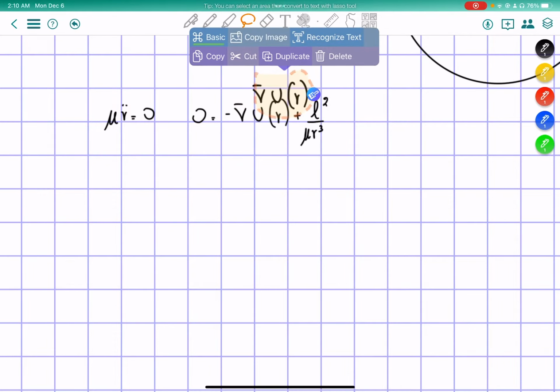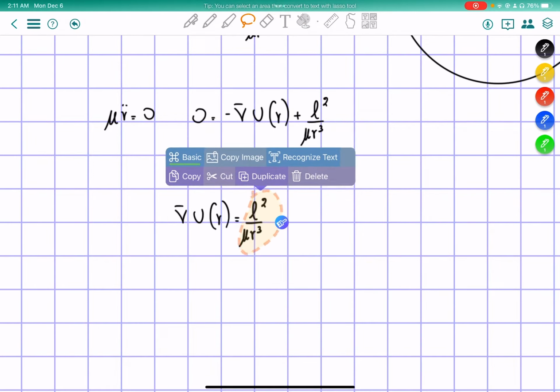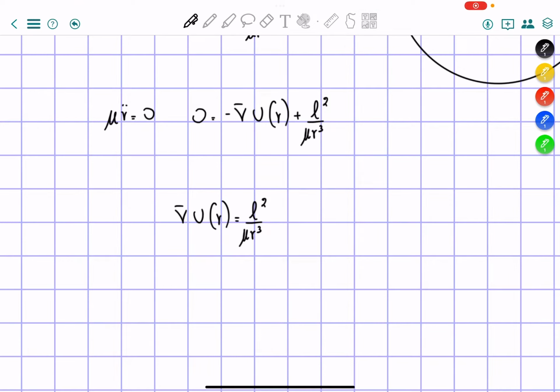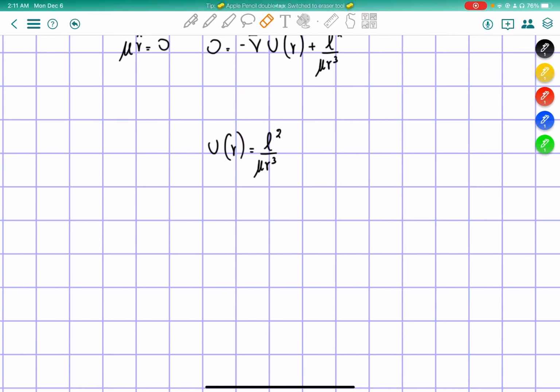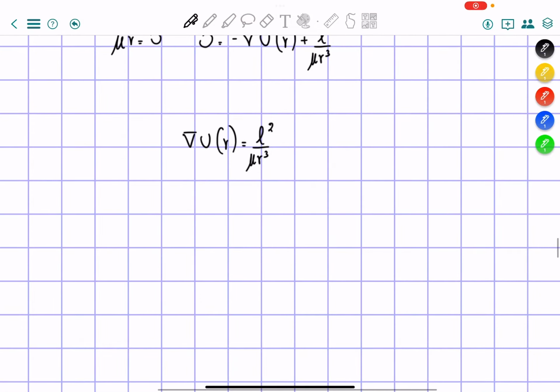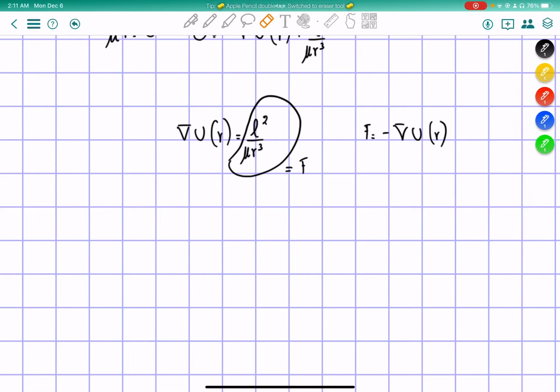So this has to be equal to this, as you can see very clearly. But one thing you can think of is this part over here. We know that F is equal to negative the derivative of u with respect to r. So this side over here has to be equal to a force, in this case our centrifugal force.